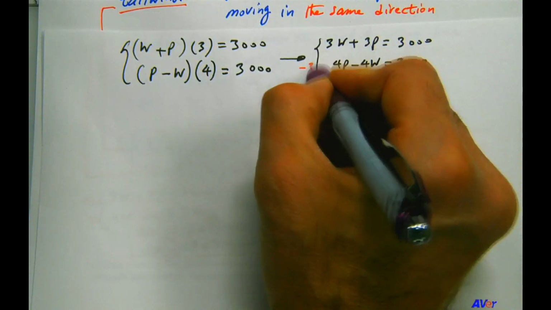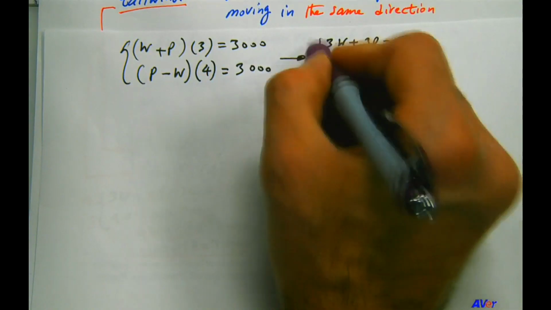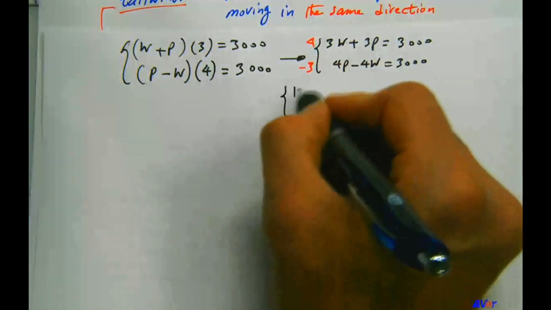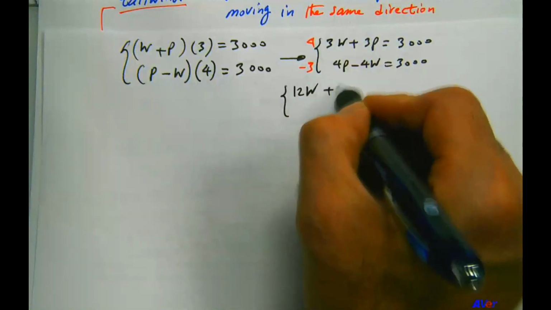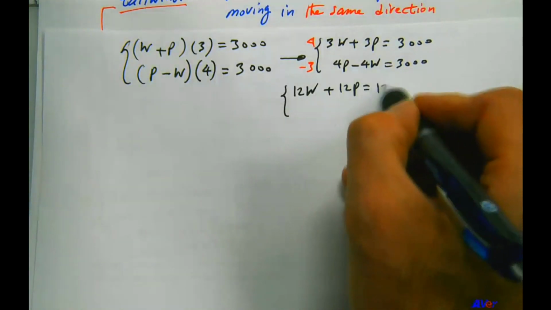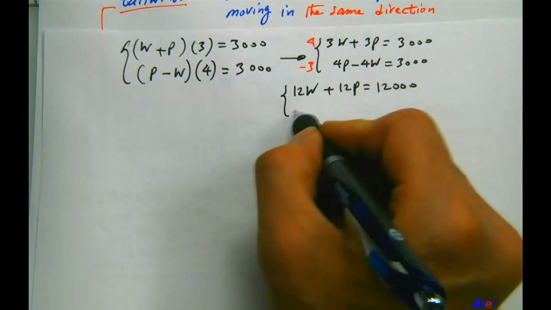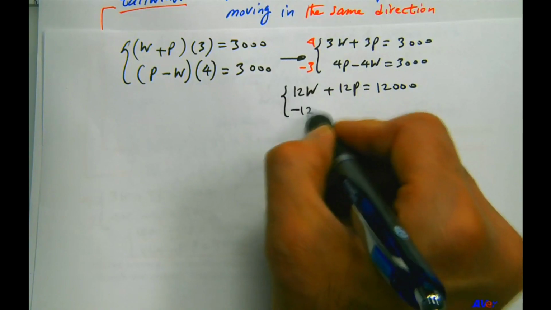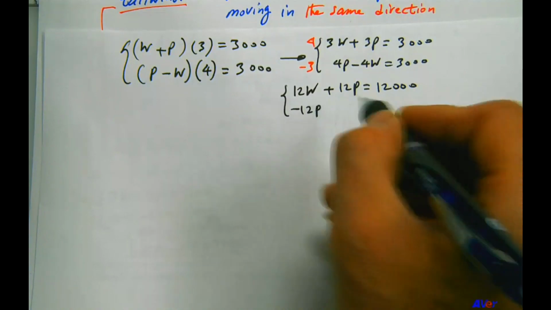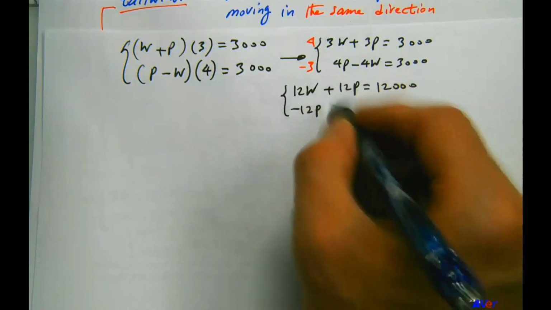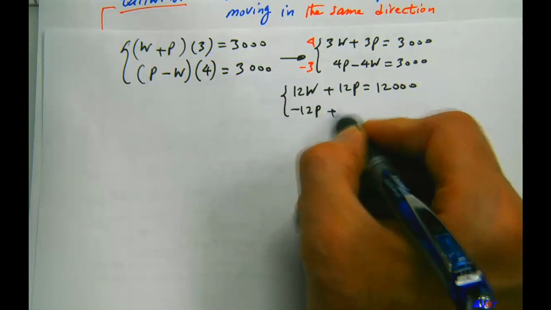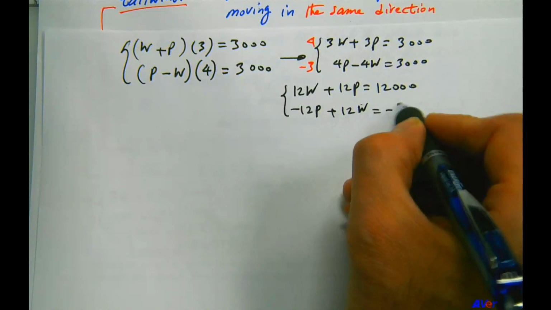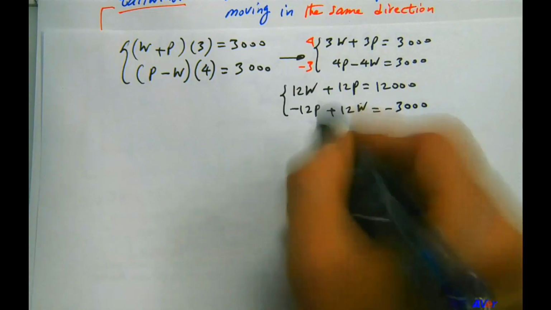So minus 3 and then 4 for the plane, and then we end up with 12W plus 12P equals 12,000, and minus 12P plus 12W equals minus 3,000. Yes, so this would make sense.